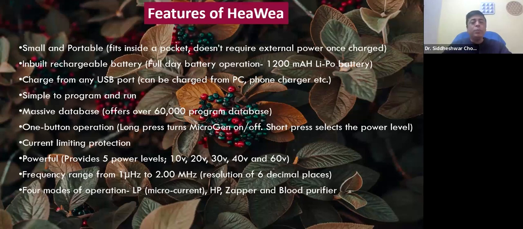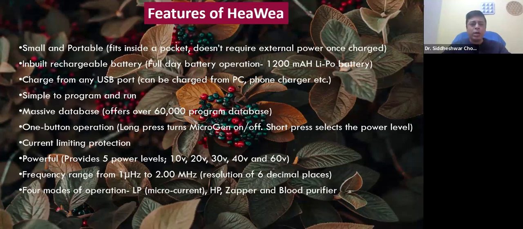And it is simple to program and run. So once you copy the programs onto HeaWea MicroGen using laptop or your computer, then it is good to go after that. You don't need computer anymore. It offers massive database of around 60,000 programs, right? If you're using through Spooky 2, you have lot many programs available.